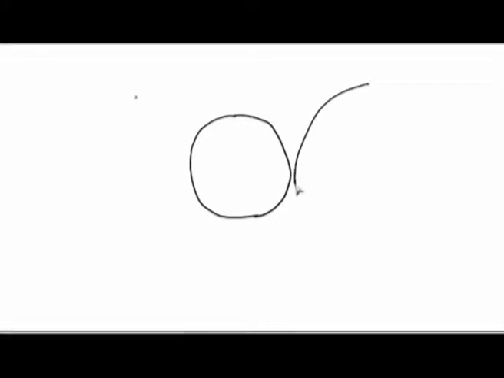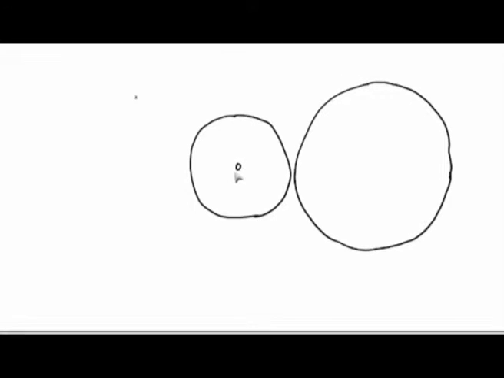Here we have two gears and I am just drawing the pitch circle of the two gears. So this is the larger one, or the wheel. These are the gear centers about which the gears are expected to rotate. So the distance between the shaft centers is going to be the sum of the distance.